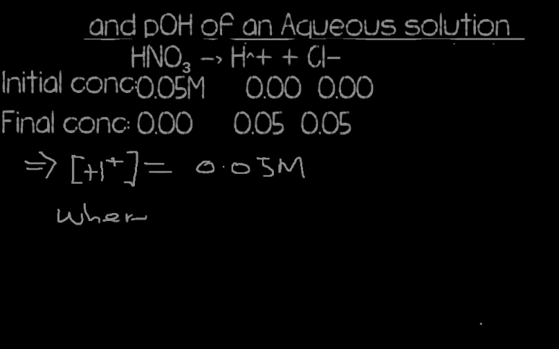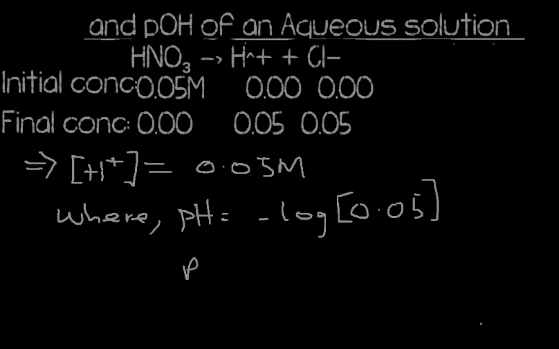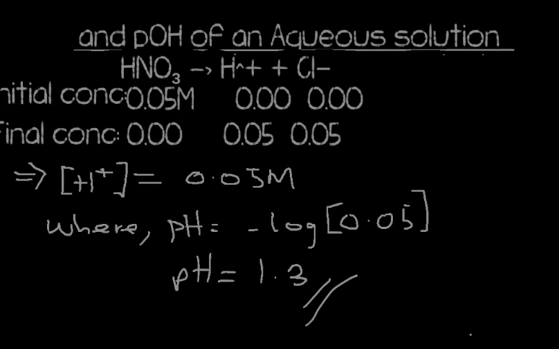Okay, so where pH is equal to the negative logarithm of the H plus ions, we just substitute the value in. We had our pH to be 1.3.